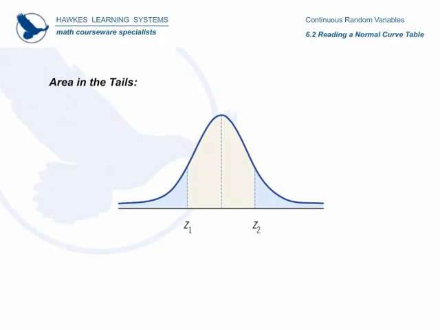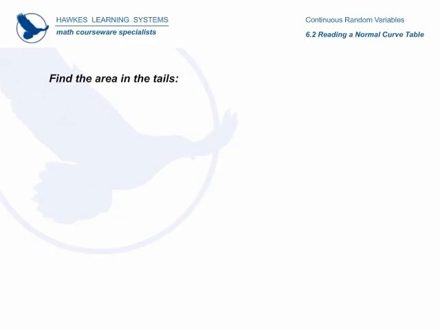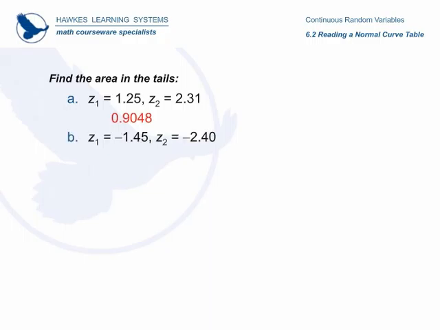Now let's take a look at how we find the areas in the tails. We can see the shaded blue area for Z sub 1 in the tail and the shaded area of Z sub 2 in the tail. So let's see how we find the area in the tail with an example. If Z sub 1 equals 1.25 and Z sub 2 equals 2.31, that would give us a value of 0.9048. Note, we're using our technology.